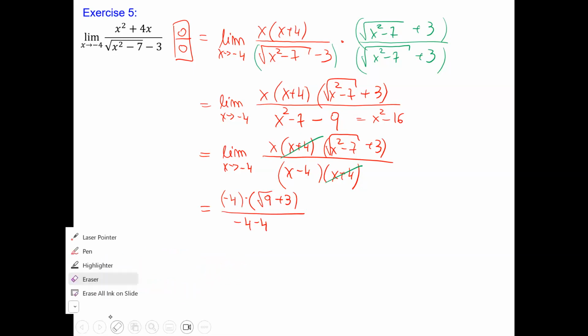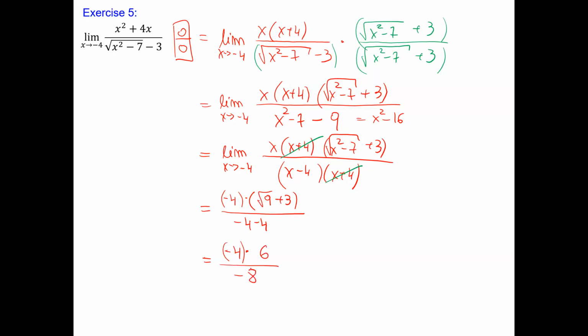We should not put two equal signs in one line. Negative 4 times 6 and negative 8. The final answer is, I'm just trying to simplify, negative over negative. It will be 3. Let me double check. This is 1/2 of 6, 1/2 of 6 is 3, okay?